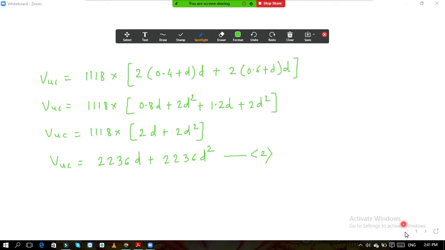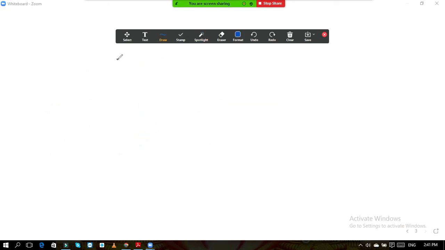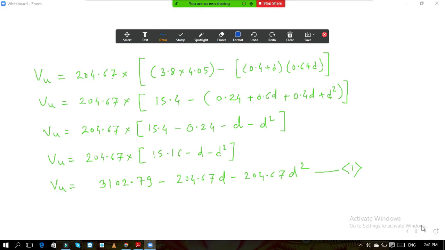So to calculate the value of depth, here you can say equating VU, that is shear force, to the shear resisted by concrete, that is equation 1 and equation 2. So I will write here both the equations. So first equation is 3102.79.